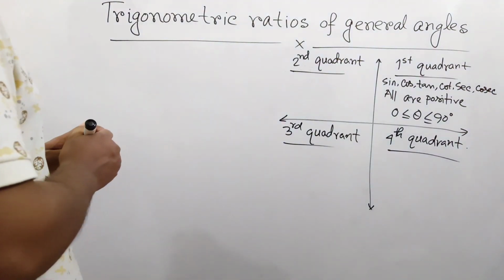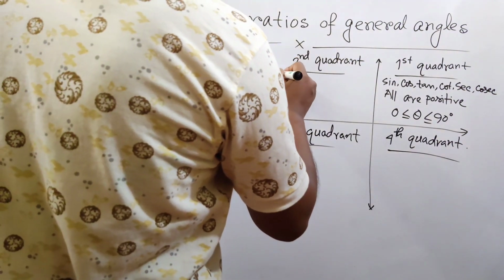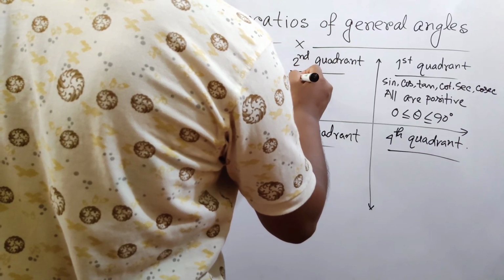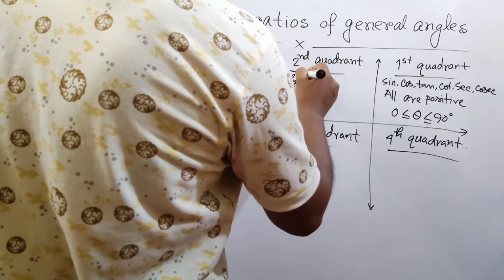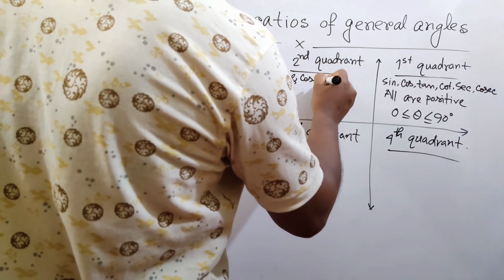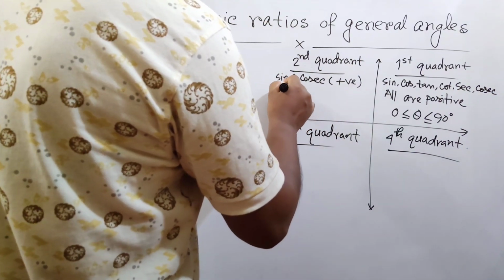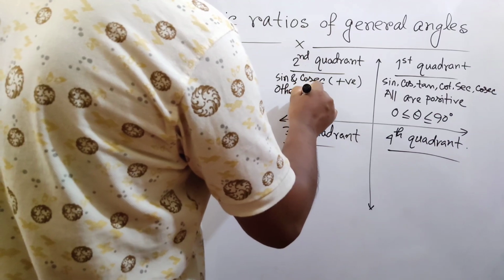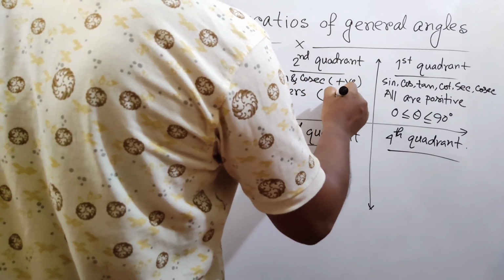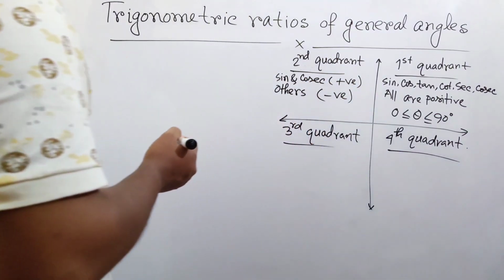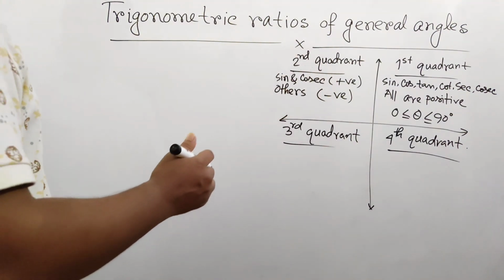Now in the second quadrant, sine and the opposite of sine, that is cosec, are positive. The other 4 ratios are negative.